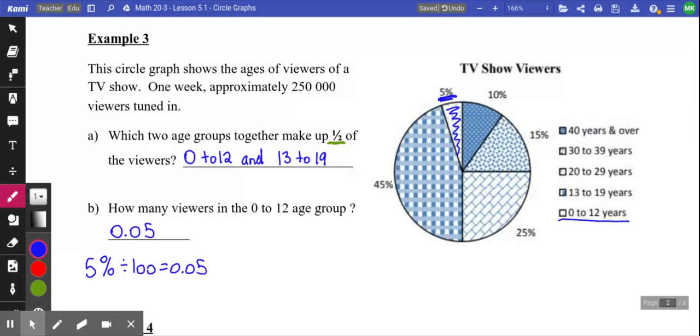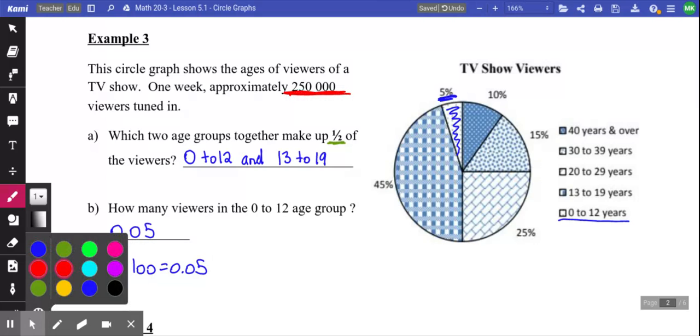That's how I'm getting these decimals. Then I multiply by how many people were in the circle, which is times 250,000 people. And that will give your answer of how many people were watching TV between the ages of 0 and 12, which is 12,500 viewers.